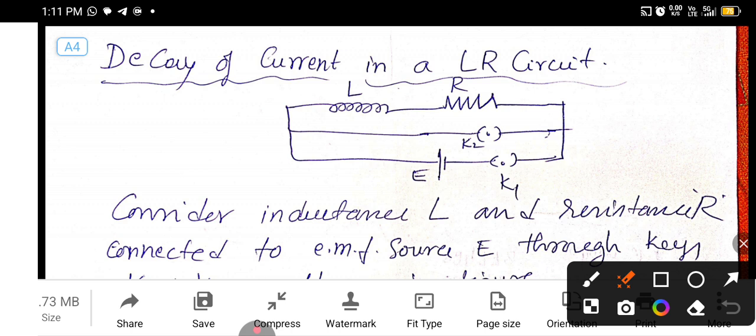When K1 is open and K2 is closed, the current starts to discharge through the K2 key. Then E is 0.